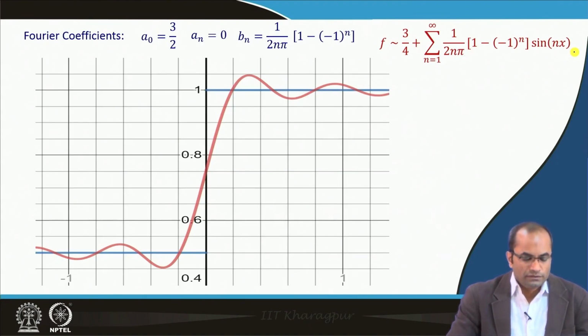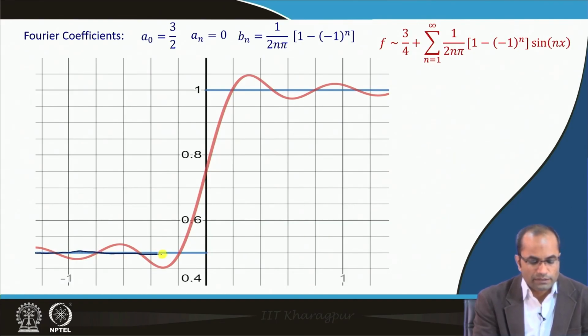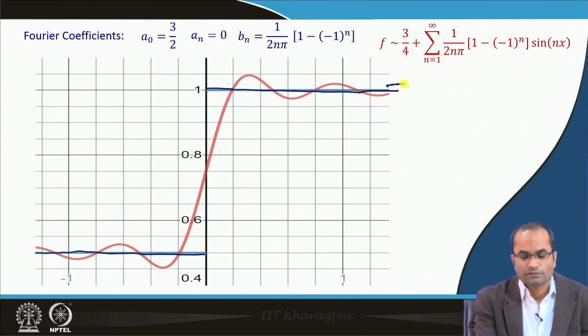Let us get an idea of how this Fourier series looks. Just recall the function was given from minus pi to pi: from minus pi to 0 it was half, and then the value was 1. So, this was our function f x, and this is the Fourier series we have plotted for about 10 terms.